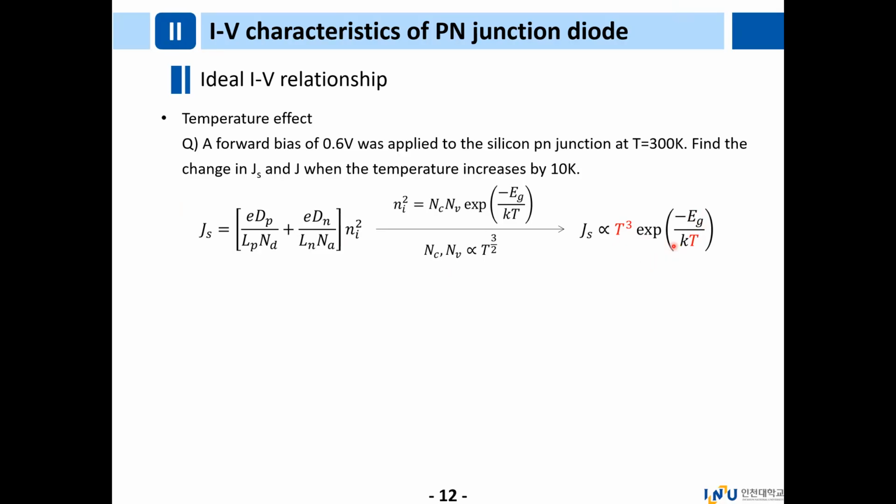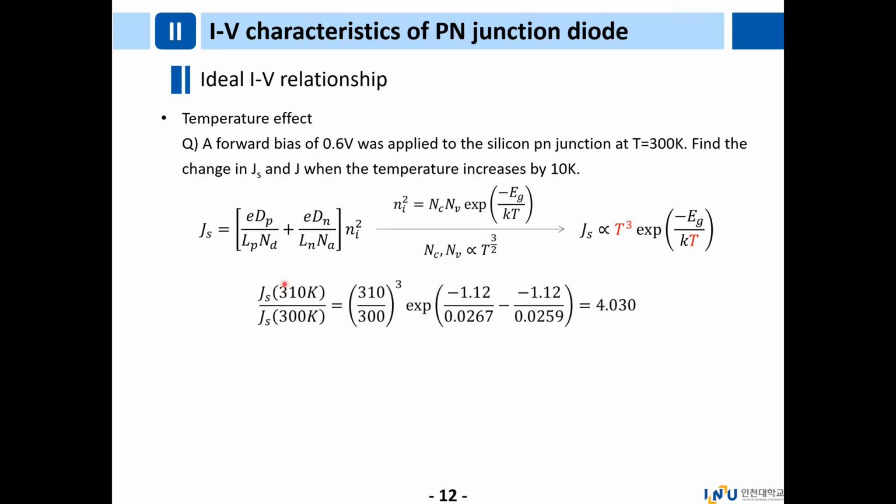Here, we are just comparing the case of 310 Kelvin and 300 Kelvin. It can be seen that Js increased about 4 times when the temperature rose by 10 K.